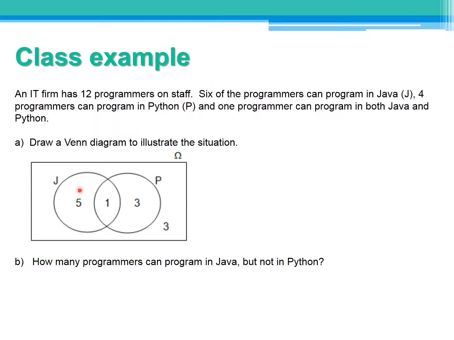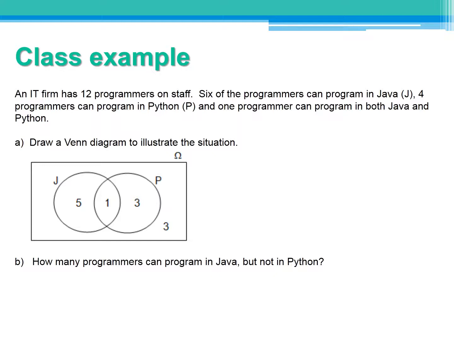So the Java only part is only going to consist of 5 programmers, since the whole of Java consists of 6 programmers, but the one that can program in both Java and Python will be part of the Java programmers. Then I tell you further on that 4 programmers can program in Python.